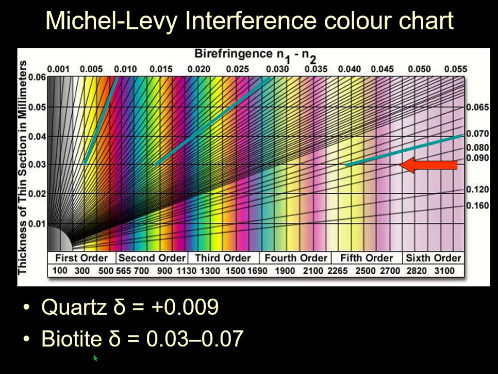Biotite, however, the mica, has some crazy stuff going on. So you can see its birefringence goes from 0.03 up to 0.07. And so you can get all these crazy colors in a thin section of biotite when you have cross-polarized light.